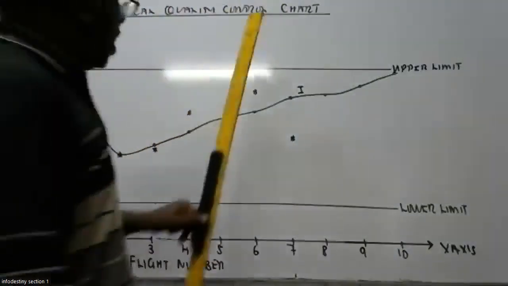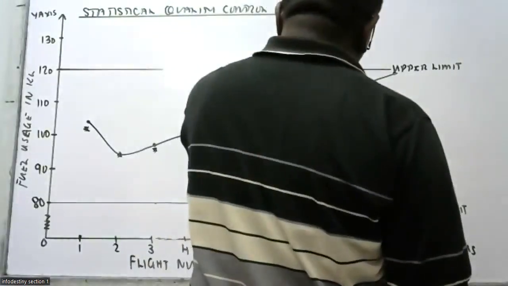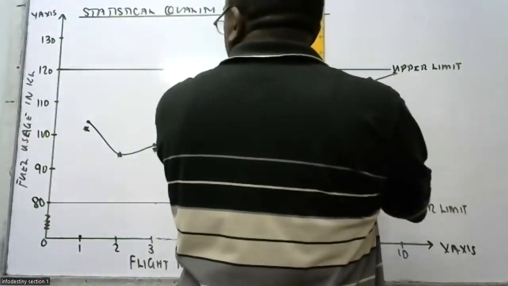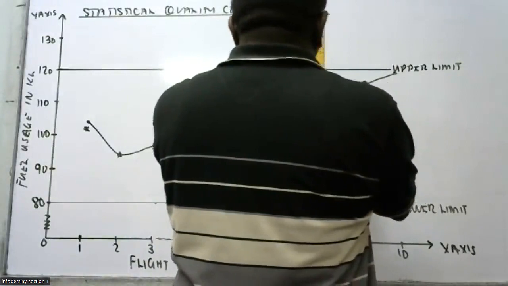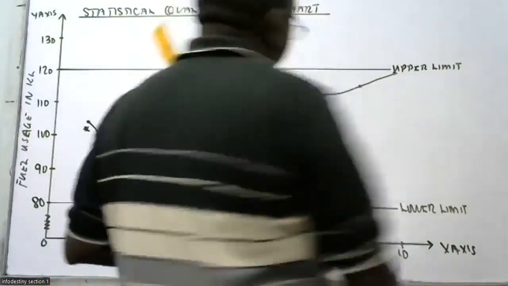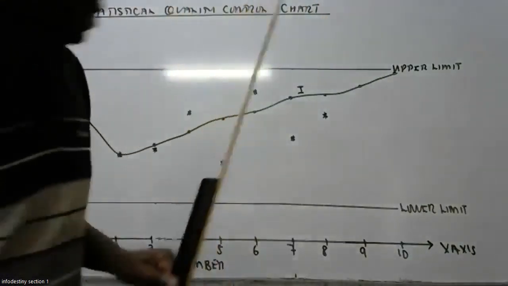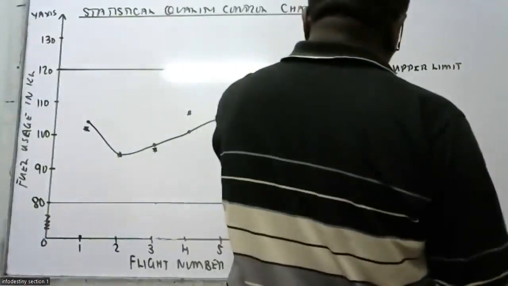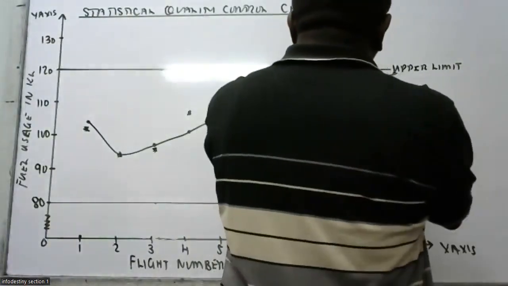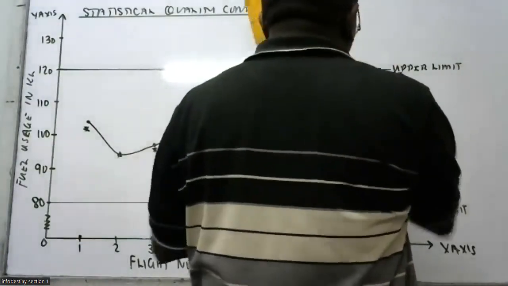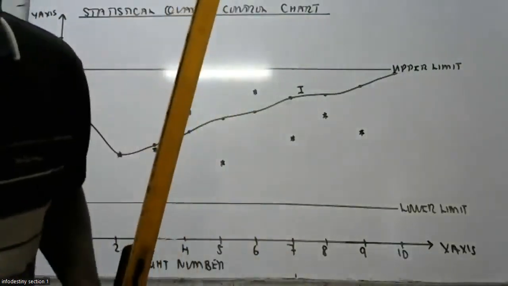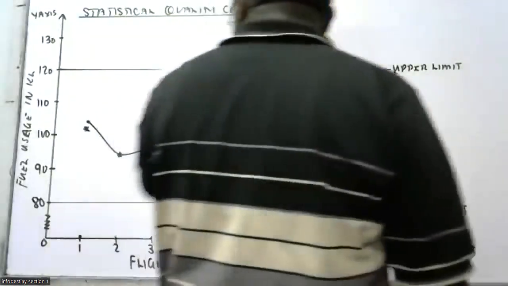The next one is 106. We said 105 is here, so 106 is here. The next is 101, 101 here. And the last one is 93.